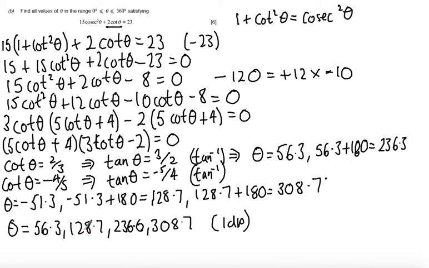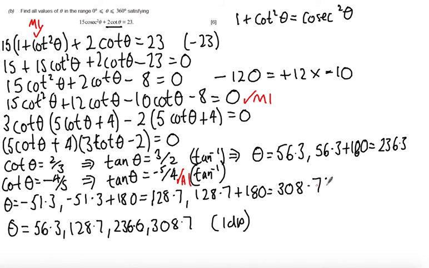In part B, initially there is a method mark for the correct use of the substitution, which must be shown. There is then a method mark for correctly trying to factorize, using an appropriate method, the quadratic that's formed from this equation. There is then an answer mark at the stage where both values, tan theta equals 3 over 2 and minus 5 over 4, are found.